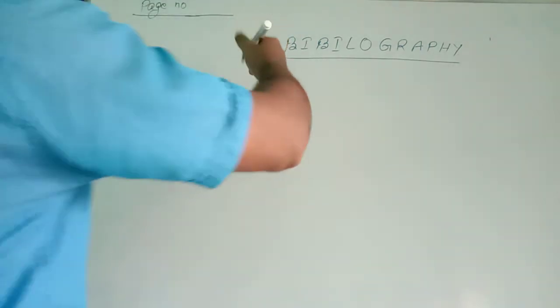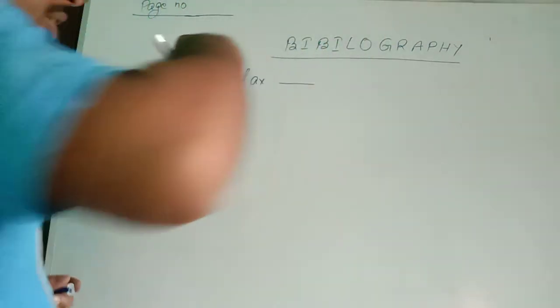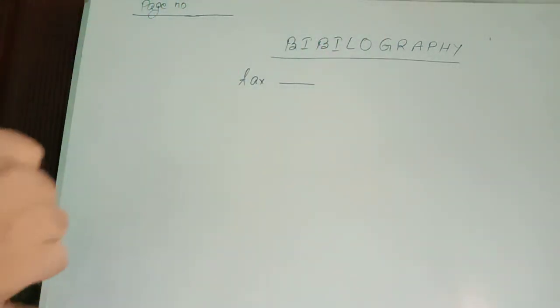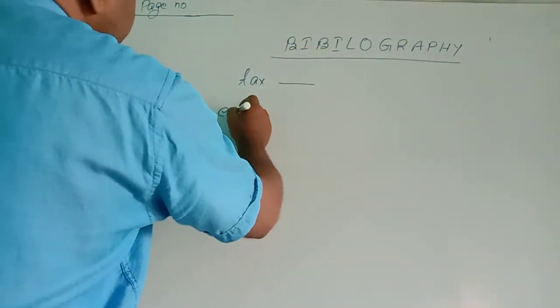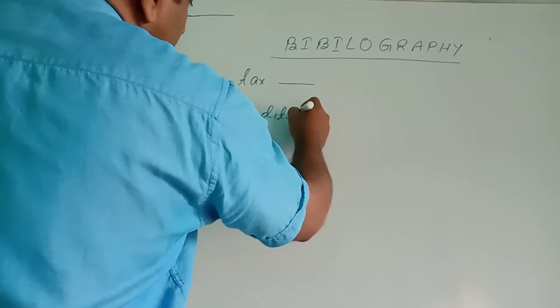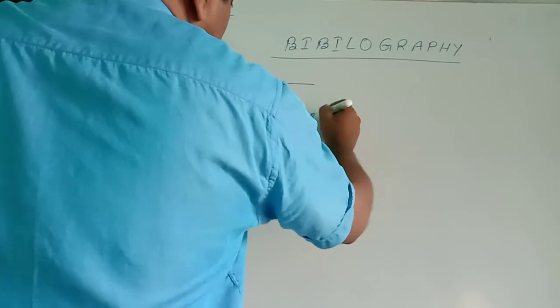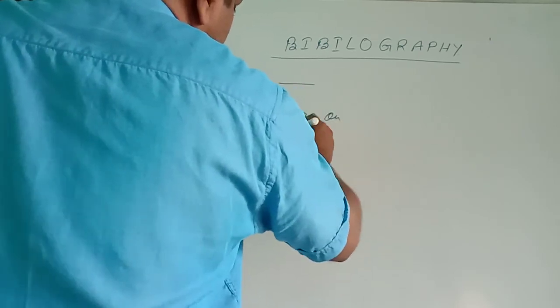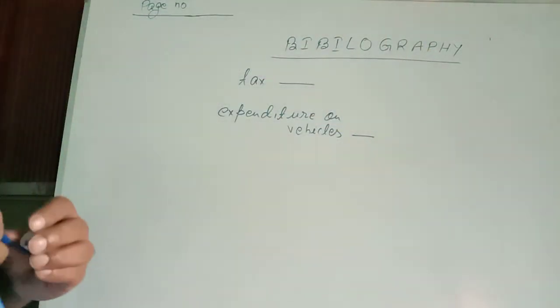Suppose about tax, from where have you got the information? About expenditure on vehicles, from where have you got the information?